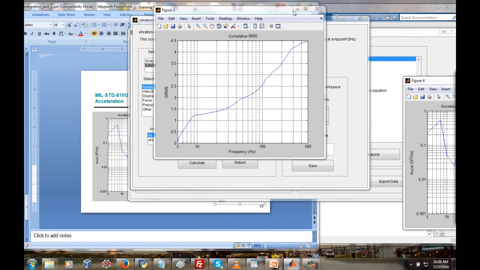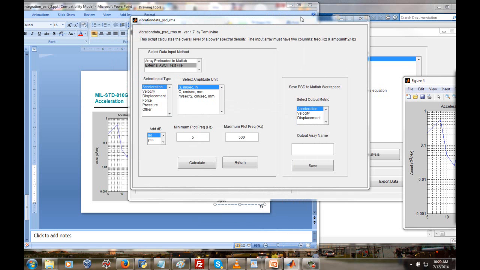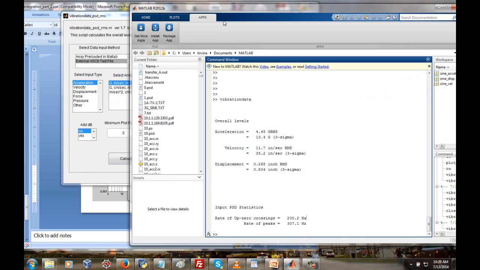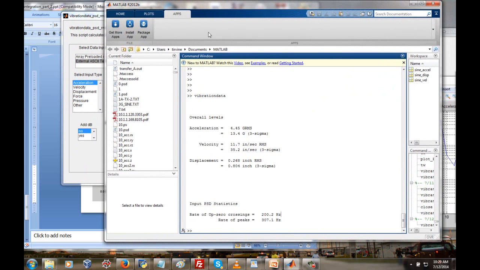Now the next thing we need to do is go over to our Matlab command window here. This is the summary of those statistics. Again, I want to caution you that in a vibration test situation, we can get spectral peaks that are up to 4 and 5 sigma maybe.